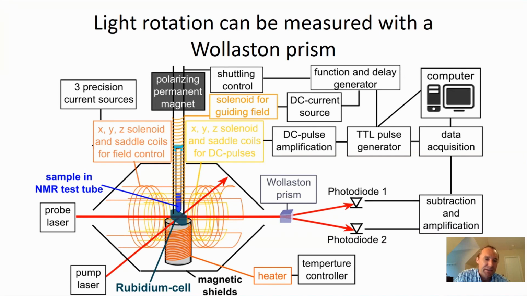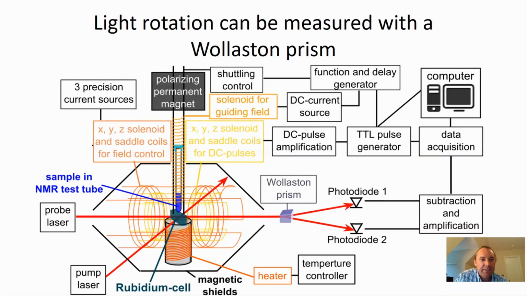So the pump laser is typically higher intensity and is also directly on resonance in terms of its frequency with the electrons, and it pumps all, and it's circularly polarized. What that does is it aligns all the electrons with the direction of propagation of the pump laser.